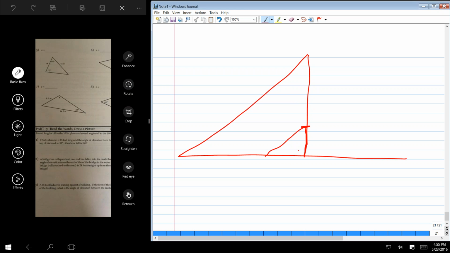And the answer is you would not. Not unless he was standing next to the cliff. Or instead make that a building instead of a cliff, and now he's standing away from the building, such that his shadow is out here. Then you could maybe do it.